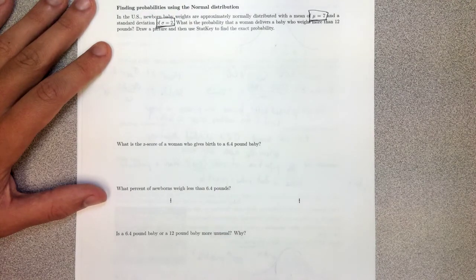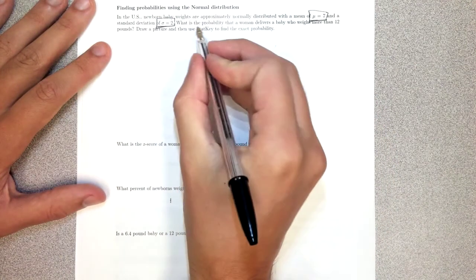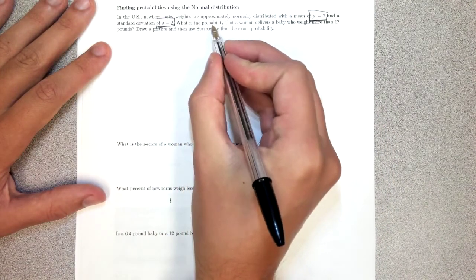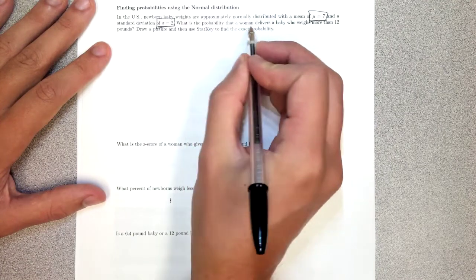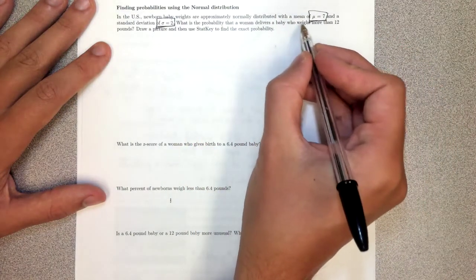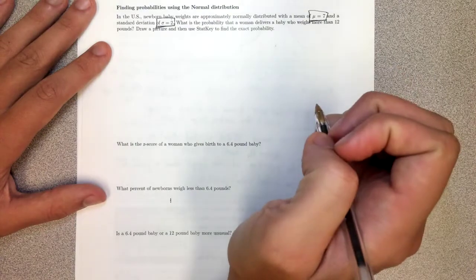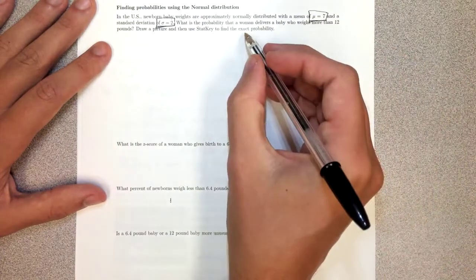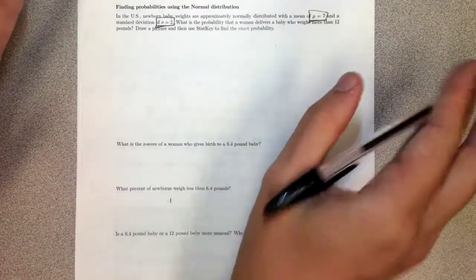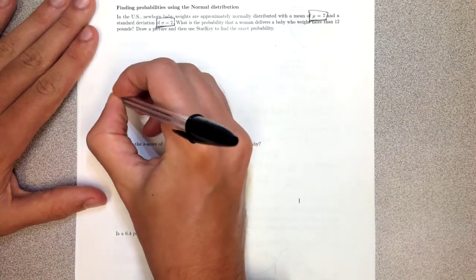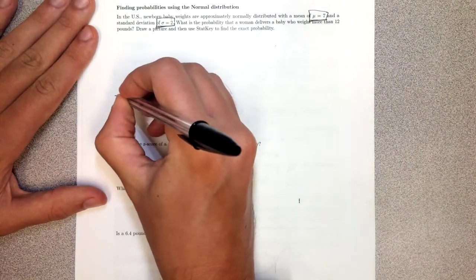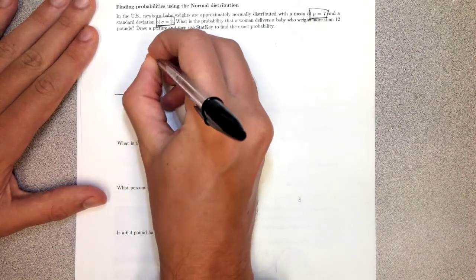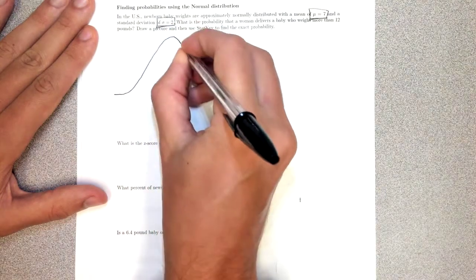Let's figure out the probability that a woman delivers a baby who weighs more than 12 pounds. So this poor woman.